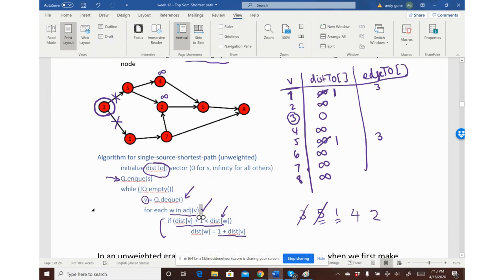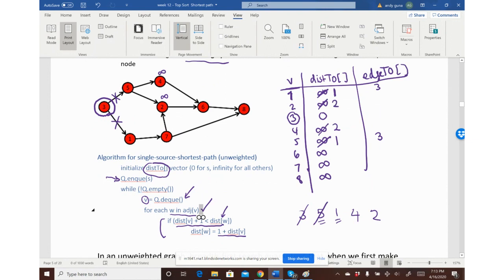But what are the new distances of 4 and 2 based on this algorithm? The new distances are going to be 2, because infinity is bigger than 1 plus 1. The distance to 5 is 1, plus another one gives the distance to 4. So this is going to be 2, and this is going to be 2.